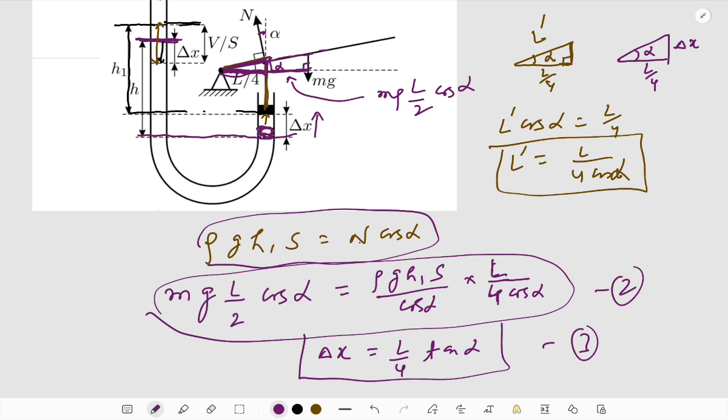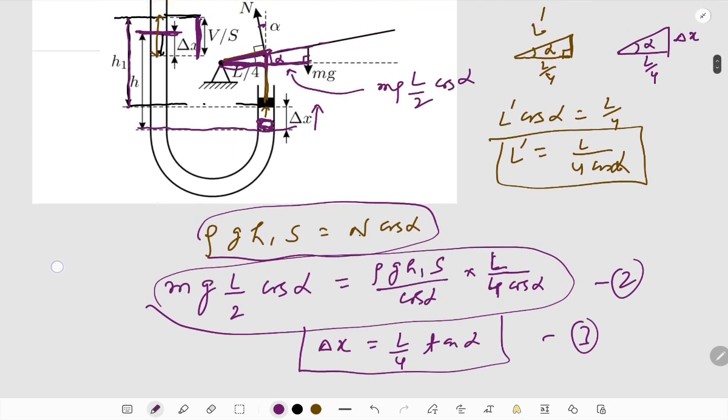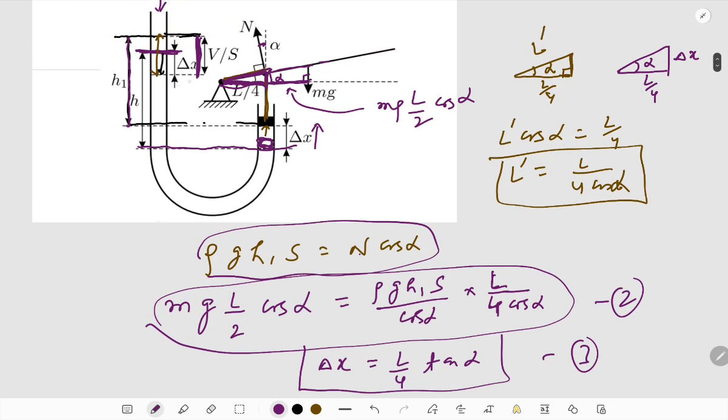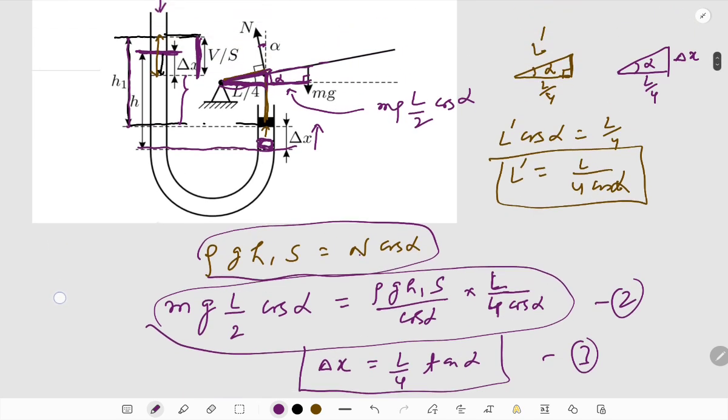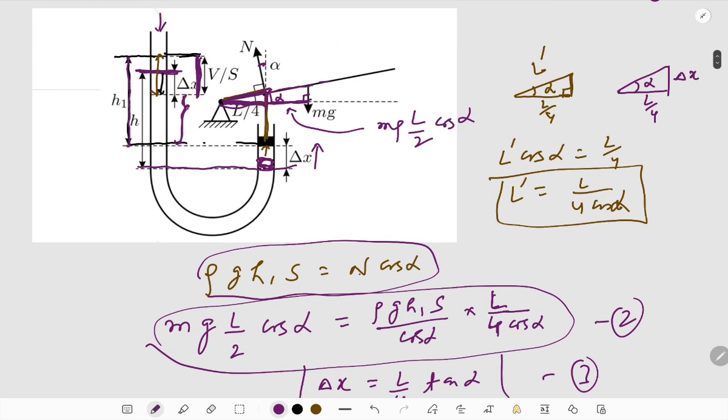Now one more thing we need to establish is the relation between h1 and this delta x, because it's also coming. You can see here h1 is this length and this length is V by s. So you should write h1 equals V by s plus this length, and this length is what?